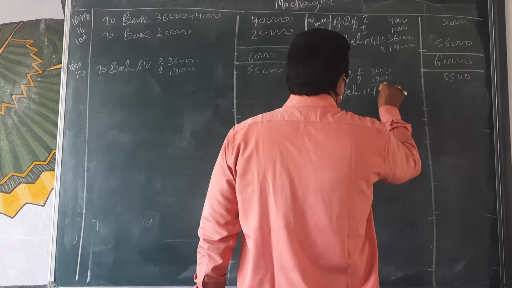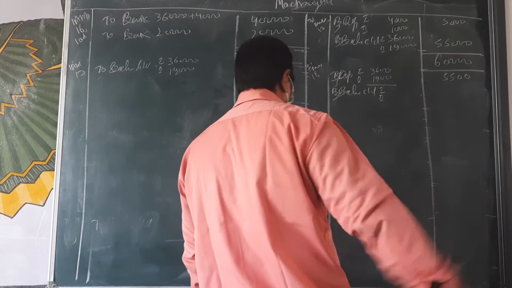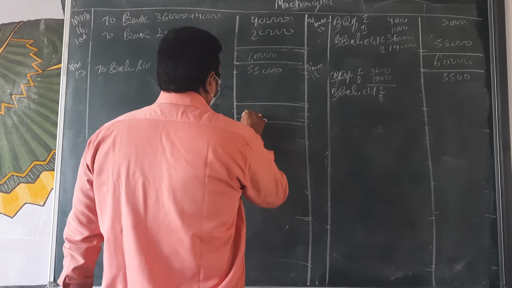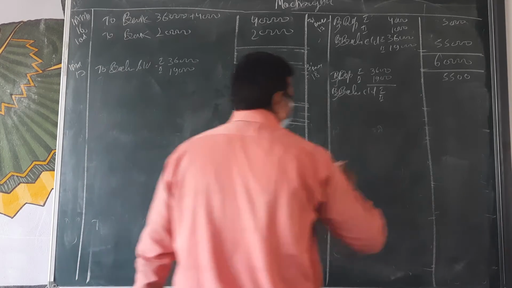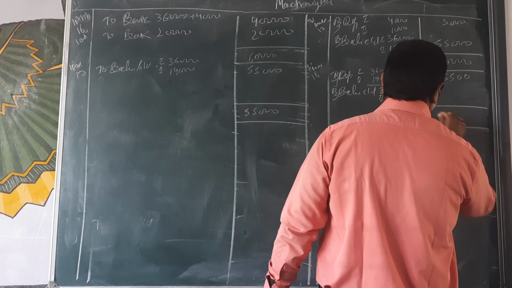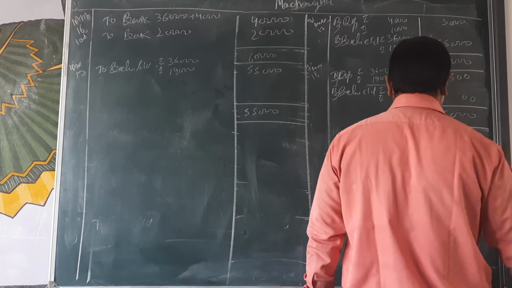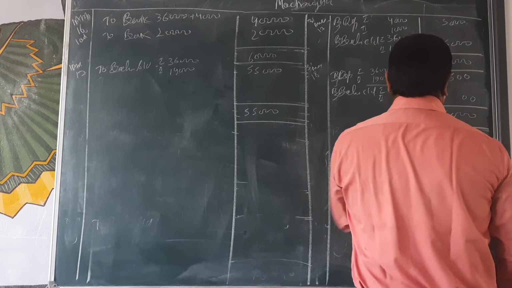Then by balance c/d, first and second and total. Do it fast. 55,000 and 5,500, the total is 49,500.